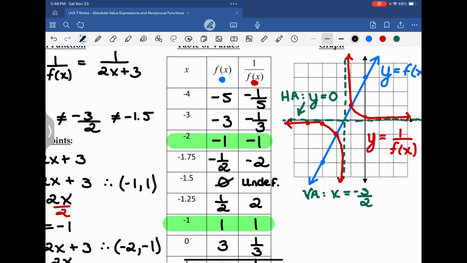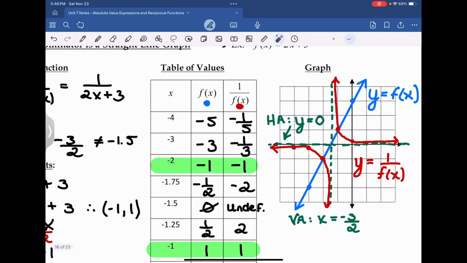All right, now one pattern I want you to recognize as we move forward in this unit is if you're given a linear line, the inverse of the linear line, or not the inverse, but the reciprocal to be more specific, will always give you something that looks like this, where if the original graph is a diagonal like this, its reciprocal will have these two bent and kind of reflected parabolas from each other in a way. I like to call them parabolas.